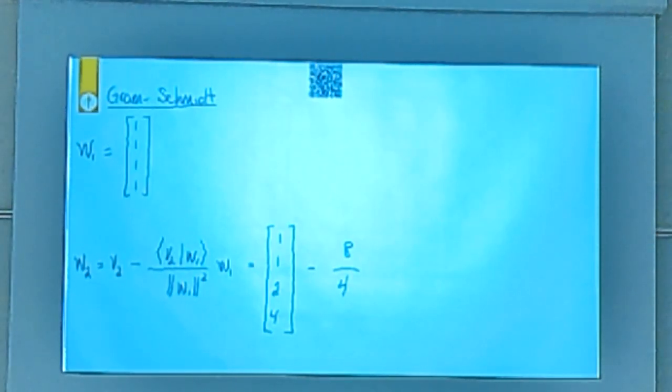Then times V1. And I'll just write that this is going to be 2, so I don't have to waste space rewriting it.